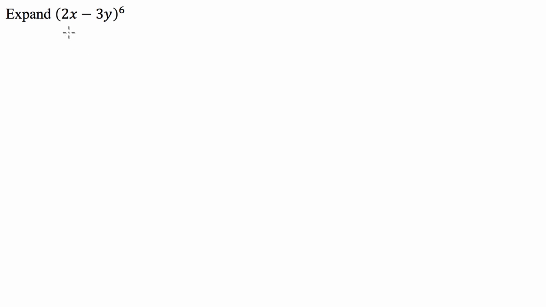So we have to go up to the sixth row. So Pascal's triangle, we've got 1, 1, 1.